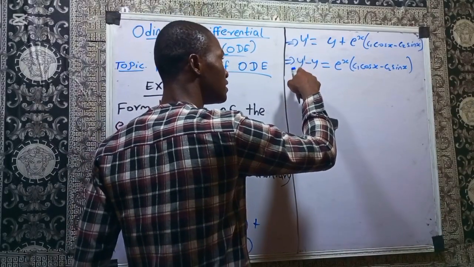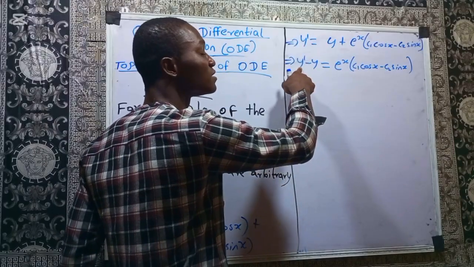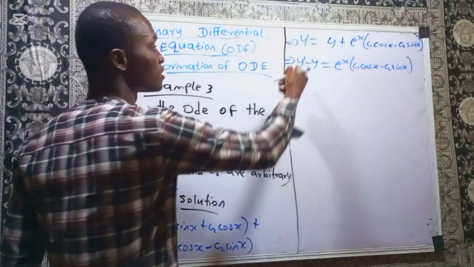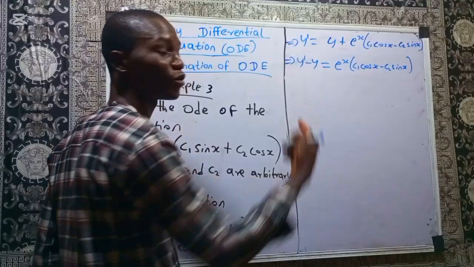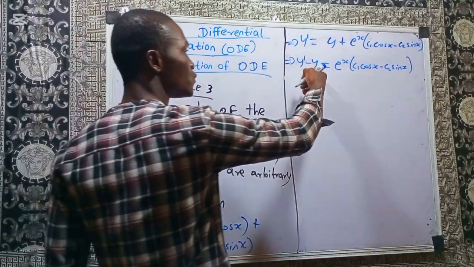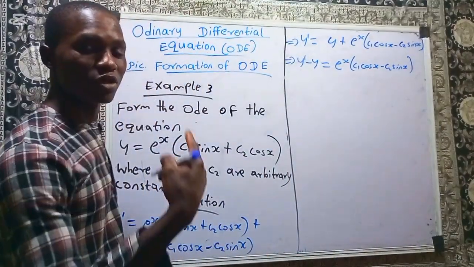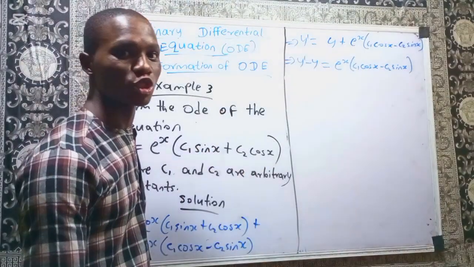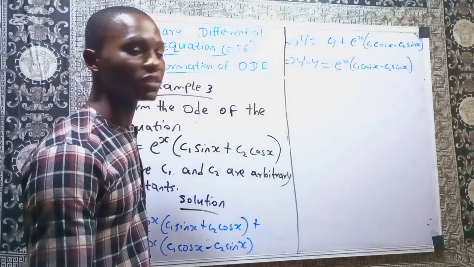We are going to differentiate this implicitly, because y prime is a function of x, and y too is a function of x. Your dependent variable is a function of the independent variable.